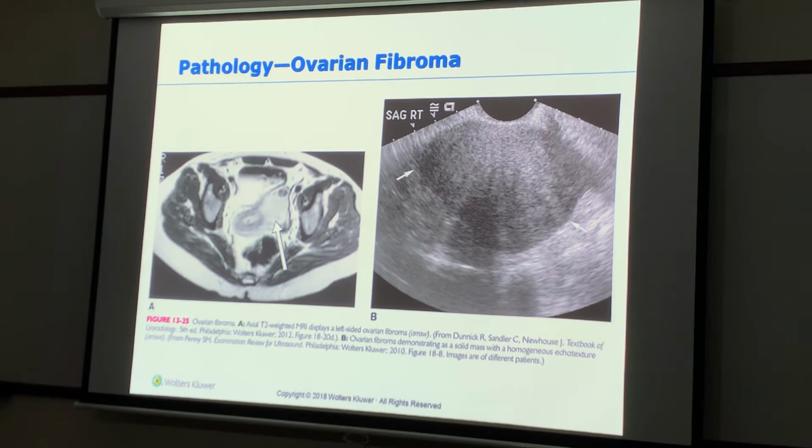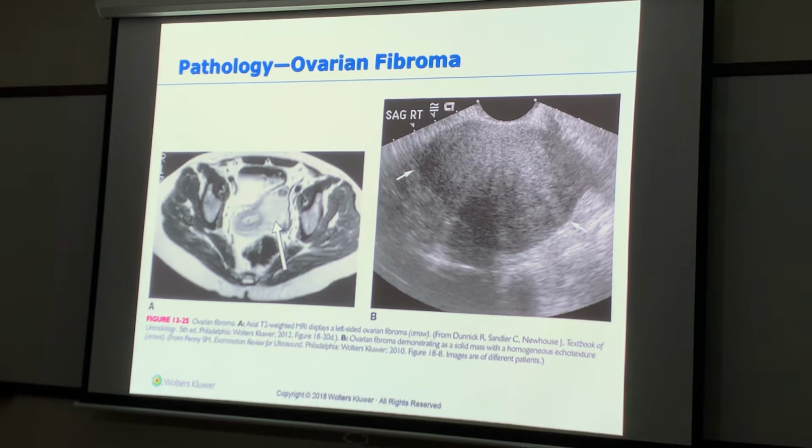Here's a fibroma. I know it's solid because look at the striations that I have. Something is causing the speed of ultrasound to stop and go. A fibroma is a solid ovarian mass.